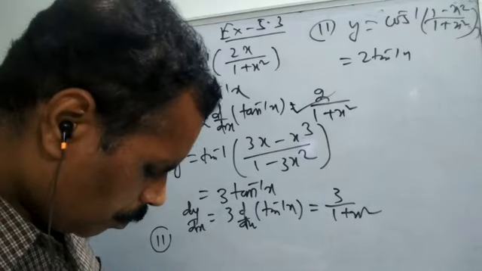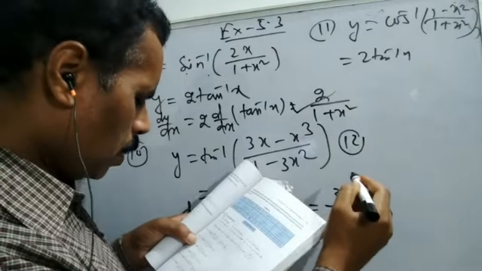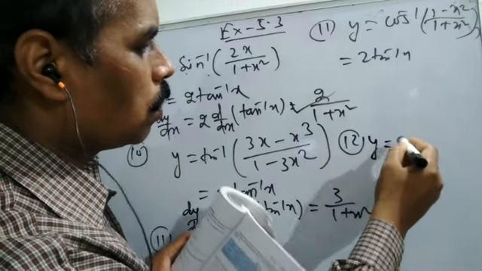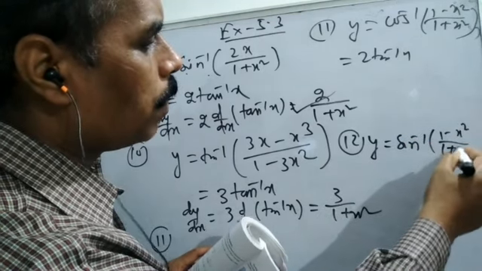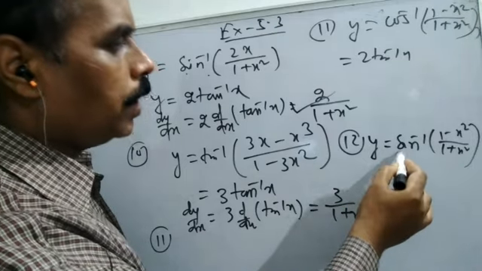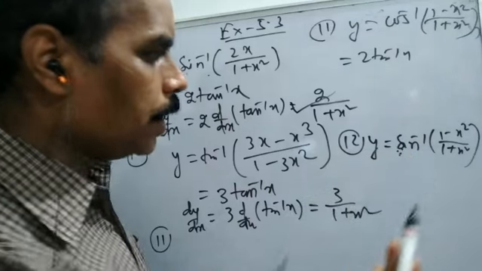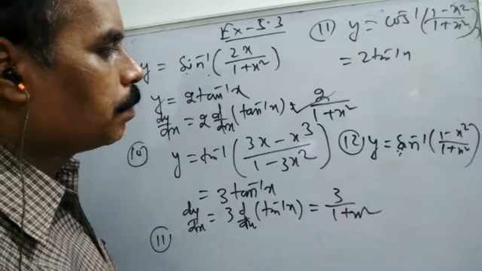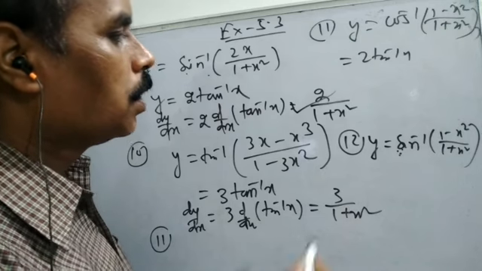Similarly, question number 12. y is equal to sin inverse 1 minus x square by 1 plus x square. Recall that the formula is not in the proper form. If cos inverse were given here, then you could write it easily as 2 tan inverse x. But in this case, there is no cos inverse, it is sin inverse.